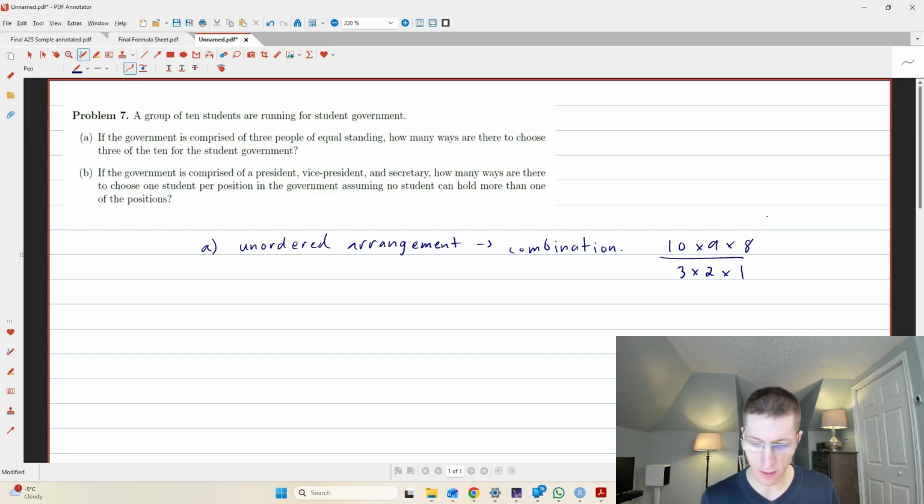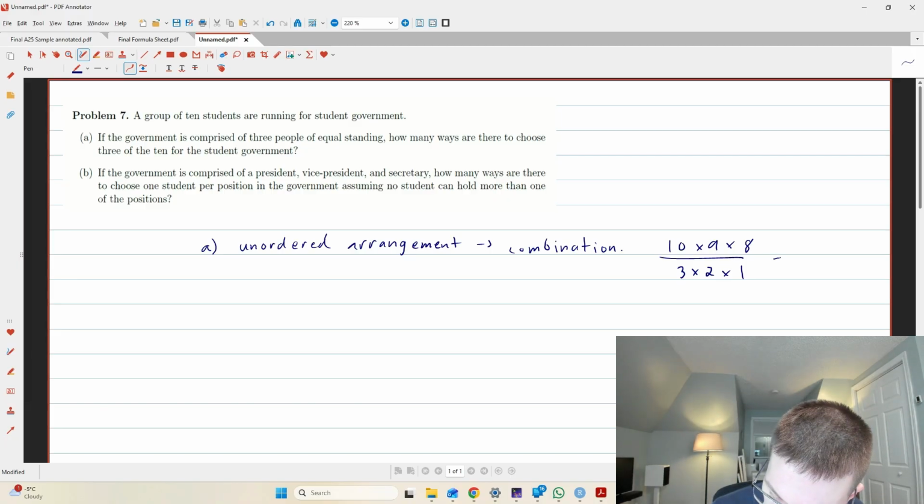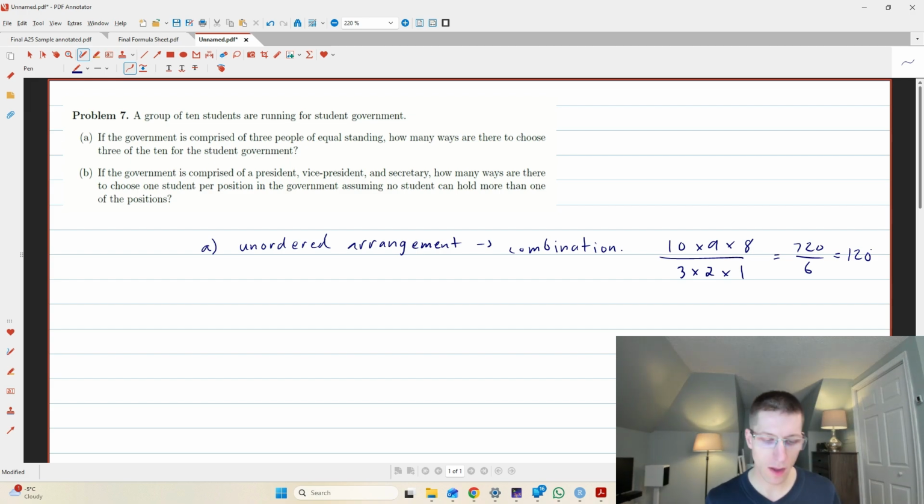And what does that give us? So 720 divided by 6 is 120, I think. Yeah. So for part A, we have 120 different choices of government.